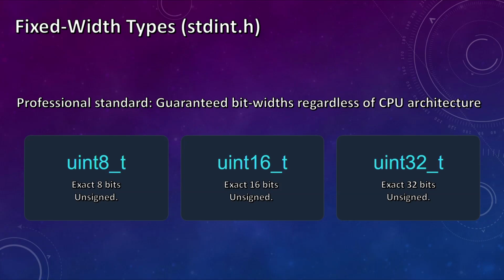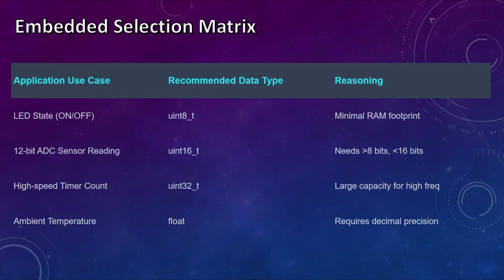Let's look at a practical example. Suppose we want to store the state of an LED. The value can be only either 0 or 1. Using 4 bytes would be unnecessary. uint8_t is enough to store a 0 or 1 output.